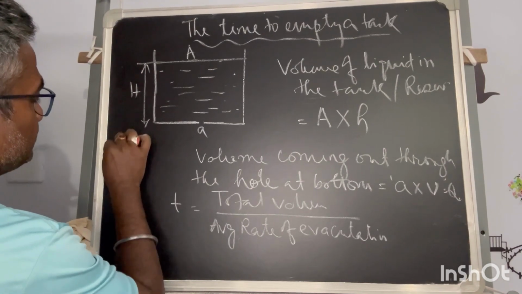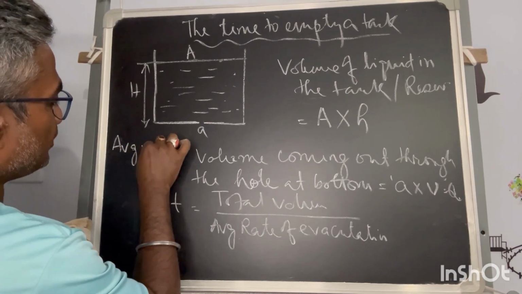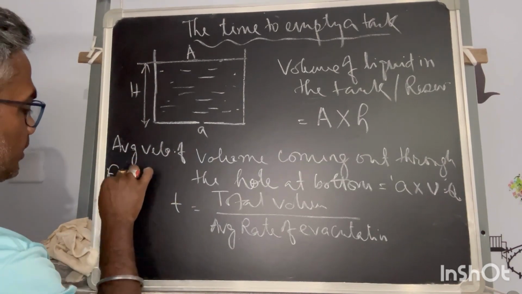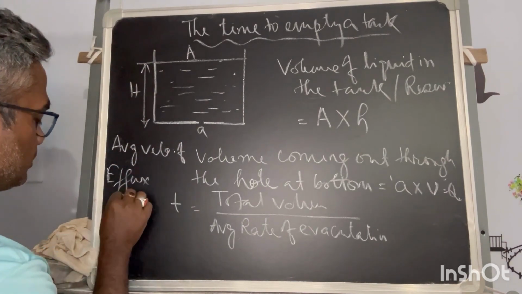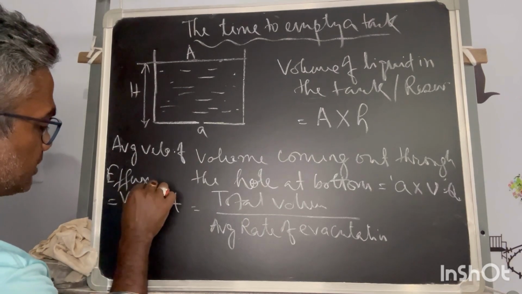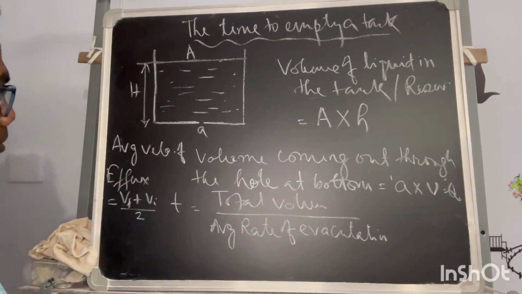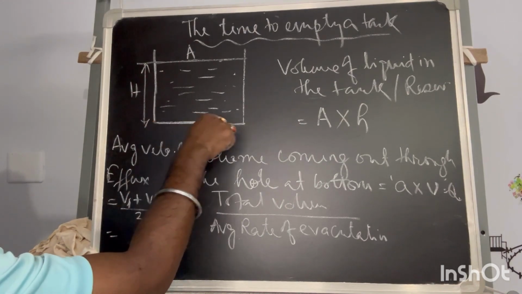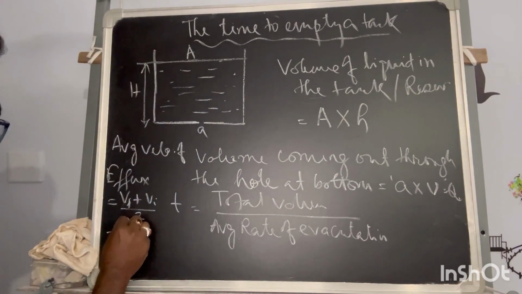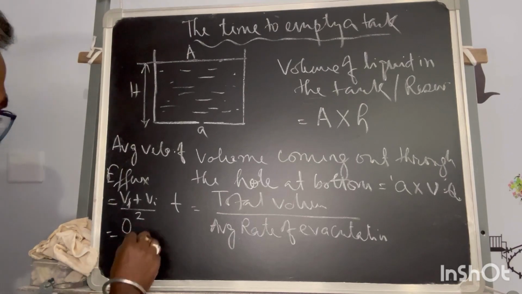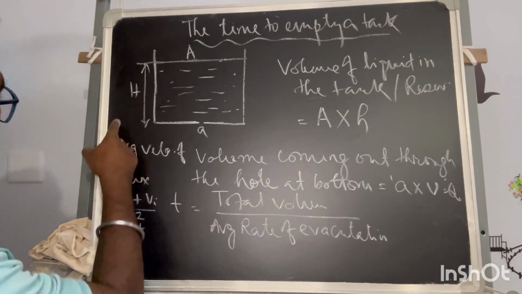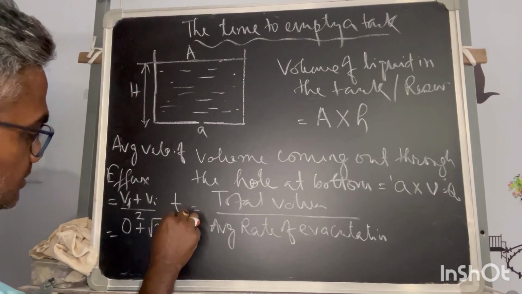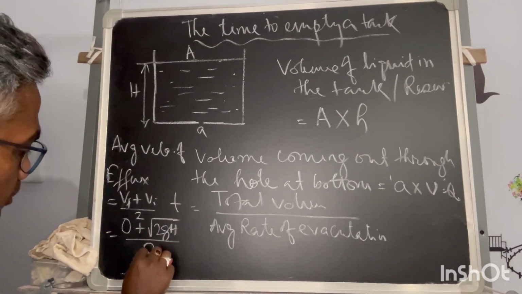So the average velocity of efflux we have to take, because this is not constant, is equal to the final velocity plus initial velocity by 2. So what is the final velocity here? This will be 0 when it is just about to finish. So you can take 0. Initial velocity depends on this height, it will be under root 2gh, divided by 2.